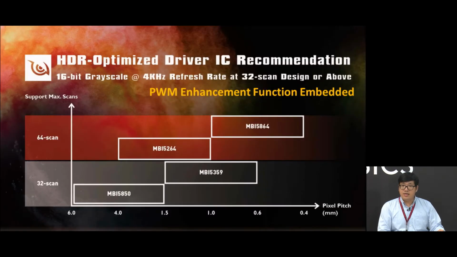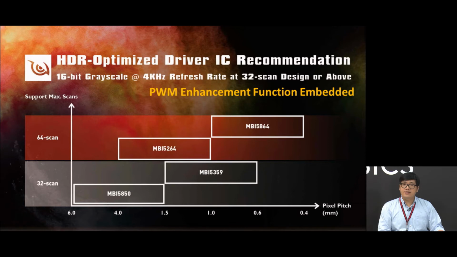And here is the chart that shows our HDR-Optimized solutions from pitch 60 mm to 0.4 mm. And this chart shows how to pick the right LED drivers for your multiple scan solution based on different applications.